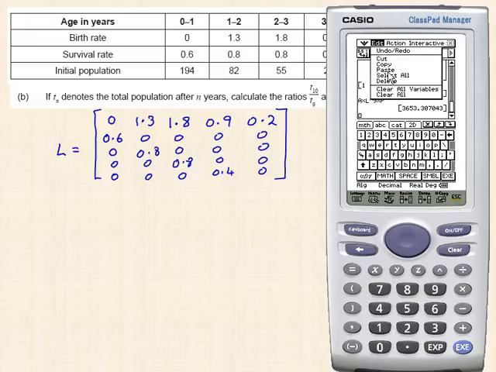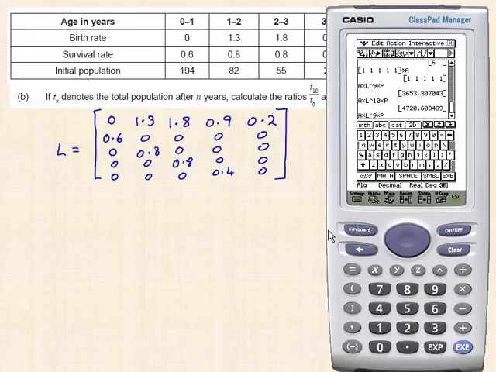We'll paste it here, and then to get T10, just change the power to 10 and execute. And then once again, because we want also 12 and 13, changing the power to 12, and once again changing the power to 13.